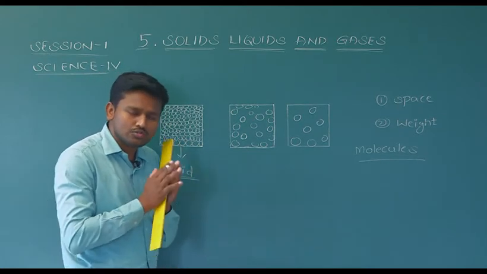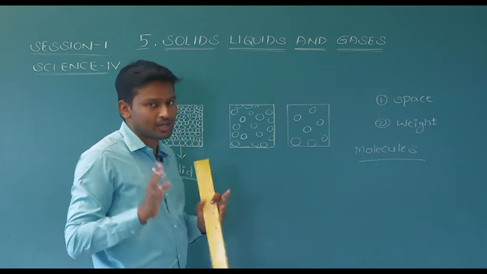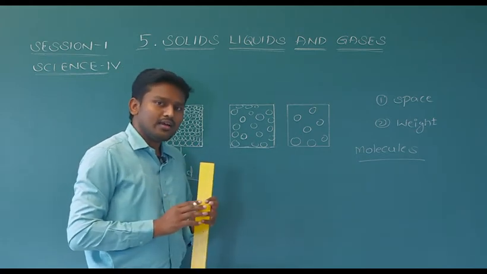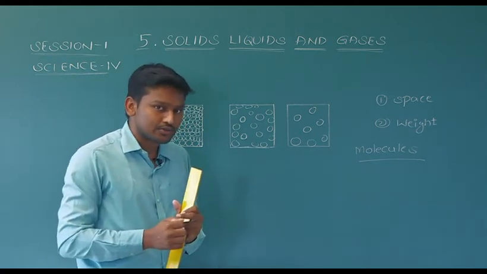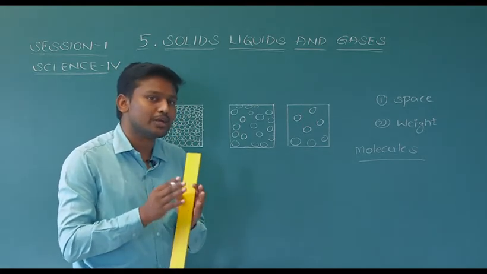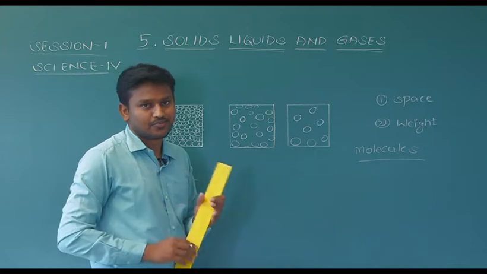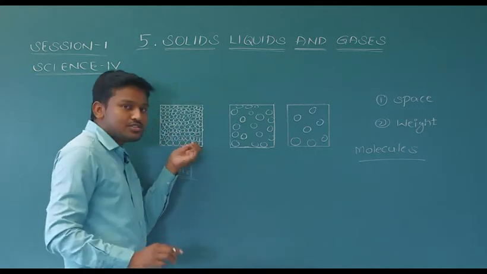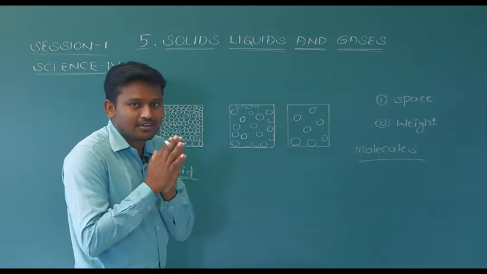There is almost no space between the molecules, and if there is no space between the molecules, there is a huge force of attraction between the molecules. So, these molecules attract each other.